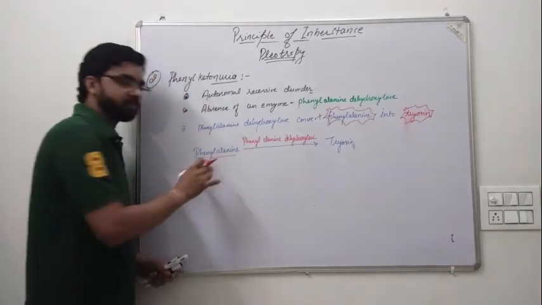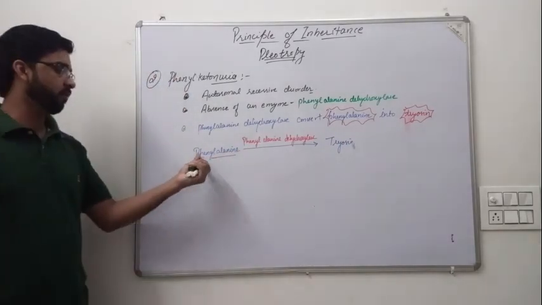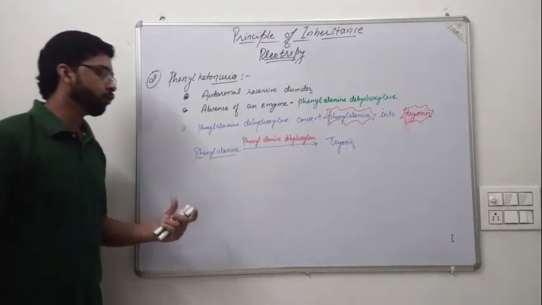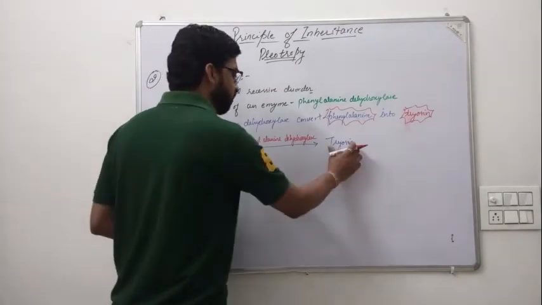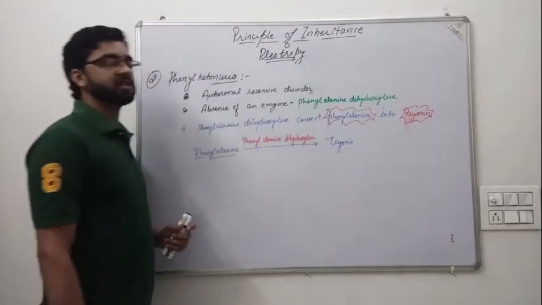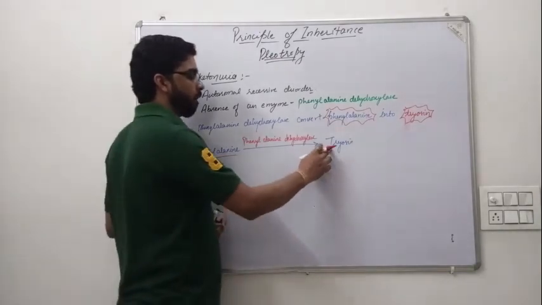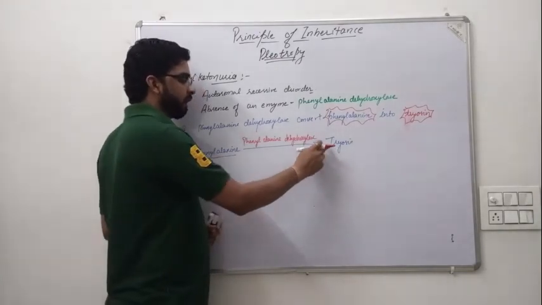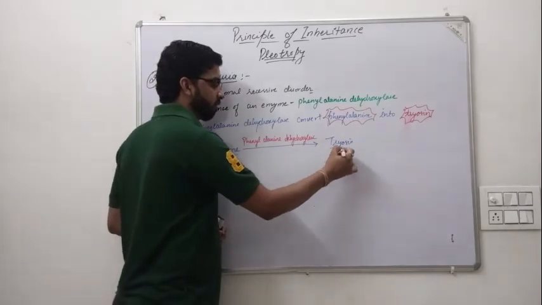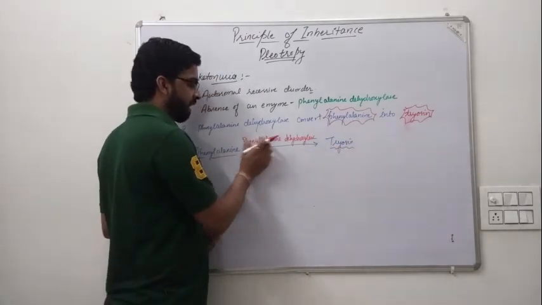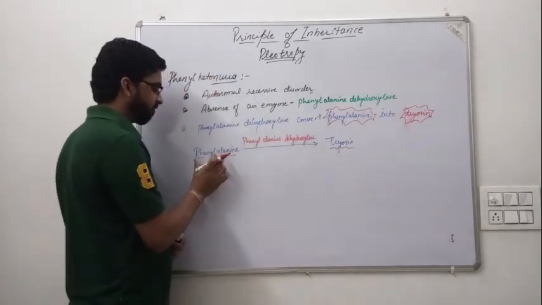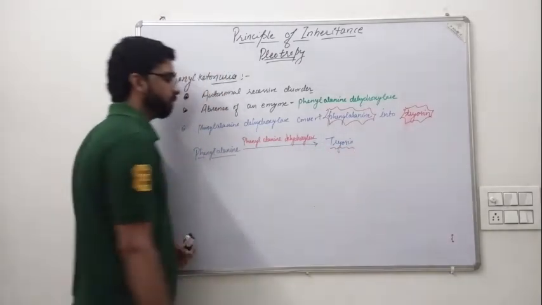Phenylalanine is a toxic substance formed in our body due to metabolic reactions. It is converted into tyrosine, which is less toxic, and leaves the body with less toxic effect.